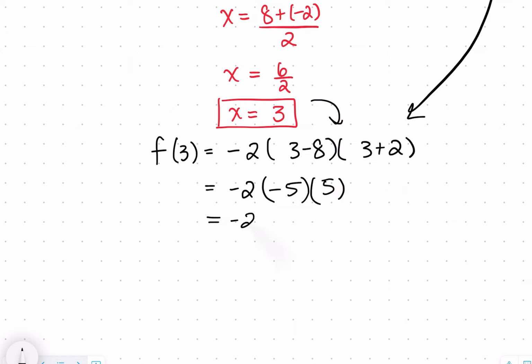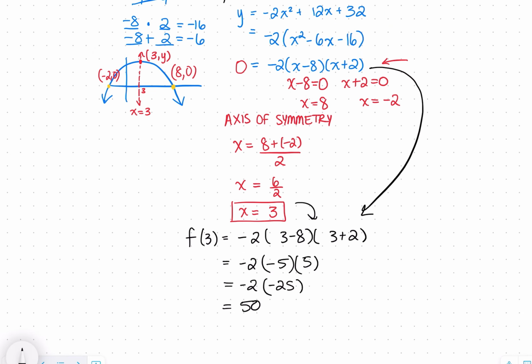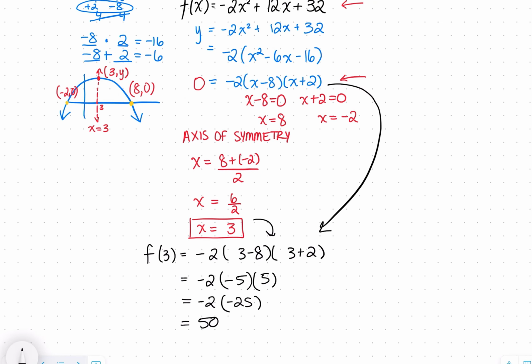So we have negative 2 and negative 25, and when we multiply, we get positive 50. So the vertex in this case then is (3, 50). We already had the x value from earlier, and now we found the y value, and we can also state that the max value of the function is 50.